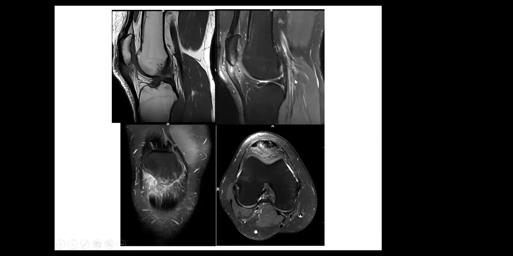There's also edema and fat pad impingement of Hoffa's fat pad here, because that's also another appearance. So jumper's knee is a constellation of findings: the tendon, the fat pad, the bursa, all of them together. That's normally how I would recommend you describe it.